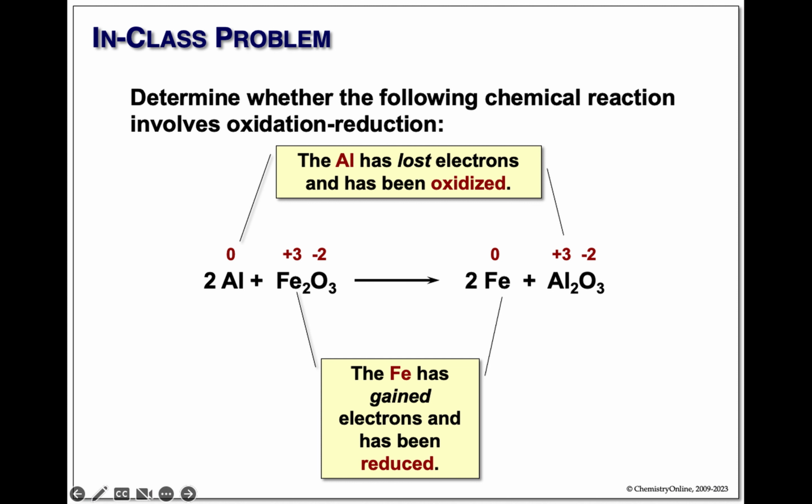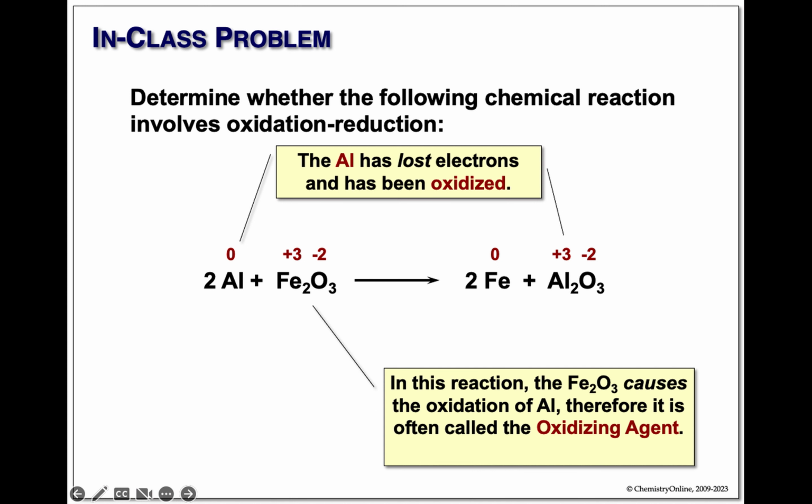Now, you know what? You're not going to see this on an exam or quiz or anything like that. But sometimes people decide to make things complicated for students. Okay? So there's a parallel nomenclature that goes on here. And that is oxidizing agent and reducing agent.